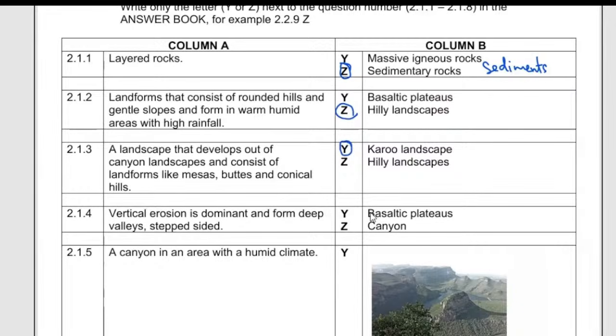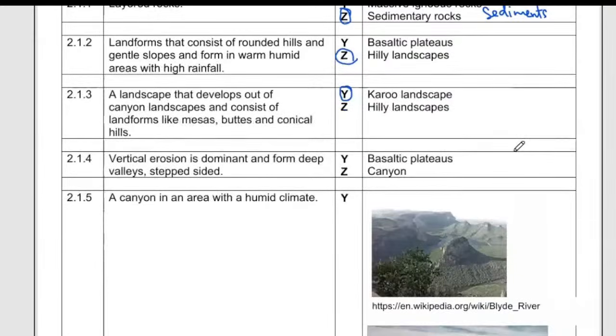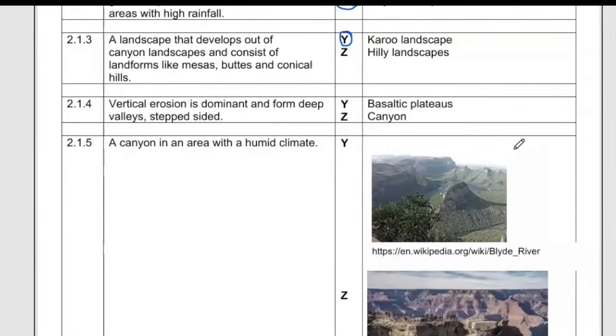We know the distinction between those landforms: a mesa is weathered down to a butte and weathered down to a conical hill. Vertical erosion is dominant and forms deep, steep-sided valleys. What kind of landform do we have when vertical erosion dominates, resulting in the formation of deep valleys which have steep sides? That is a description of a canyon landscape.